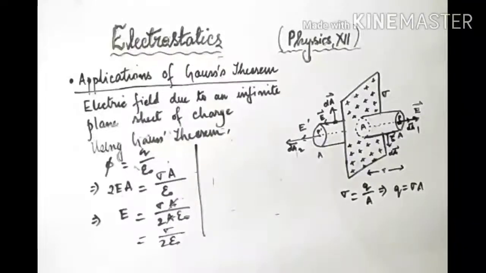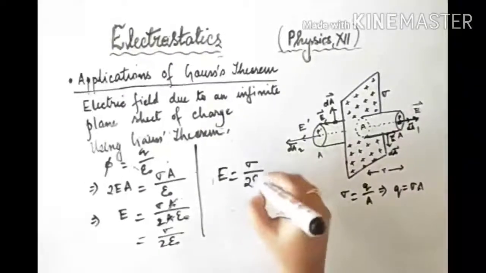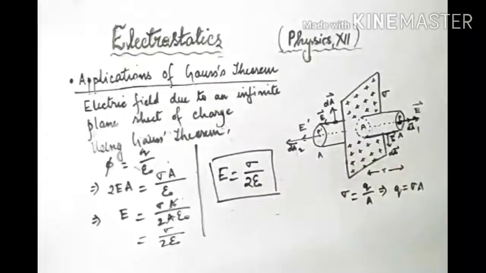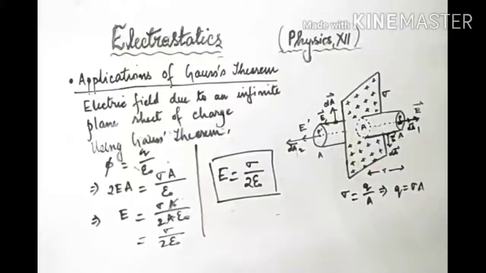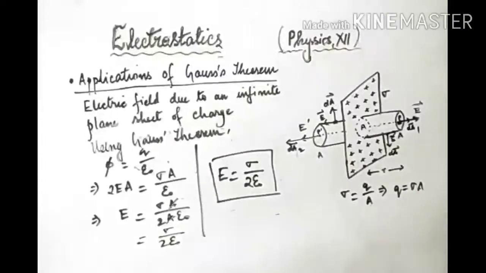Therefore E equals sigma by 2 epsilon naught is the electric field at a distance r, suppose. Here we consider it at a distance r, but E is independent of r.